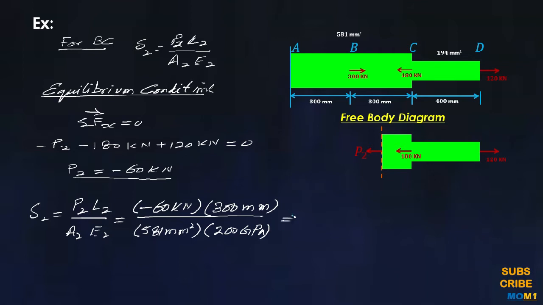Now after solving this, the value of deformation in section 2 comes out to be minus 0.1549 into 10 raised power minus 3 meters.